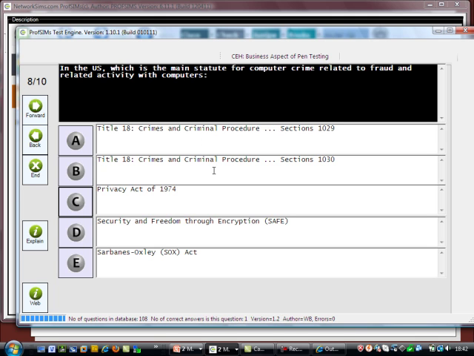In the US, which is the main statute for computer crime related to fraud and related activities? For fraud and related activities, we actually have crimes and criminal procedures 1029 and 1030. So let's take a guess at that one.